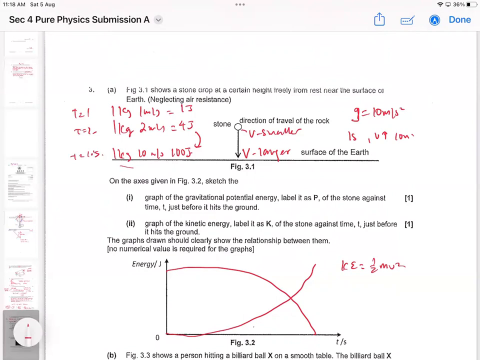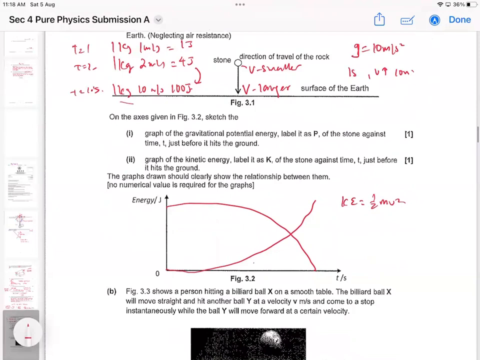The higher your velocity, the more the change in KE will be. So that's why in the last portion, for the same amount of time, the drop in GPE is a lot more and the gain in KE is a lot more. That's why the gradient looks like this. This is for GPE, this is for kinetic energy. Kinetic energy scales a lot more at the end.